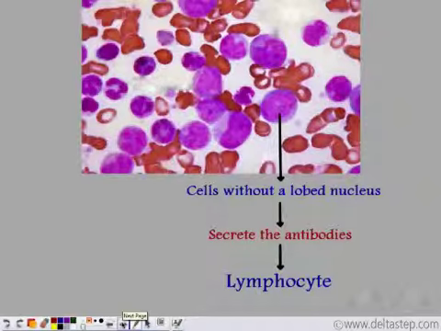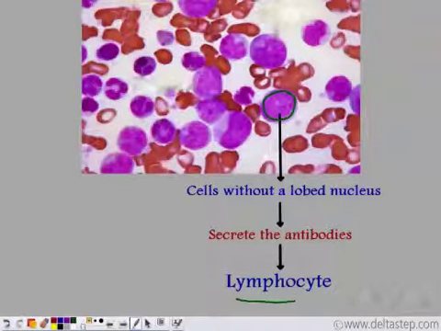So the white blood cells that do not have a lobed nucleus, see, the nucleus is spherical. So these cells have a spherical nucleus without a lobe, and they secrete antibodies, and these kind of white blood cells are known as lymphocytes.